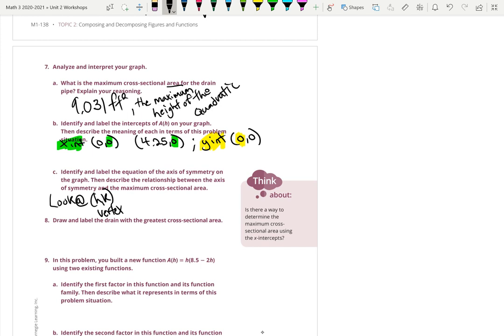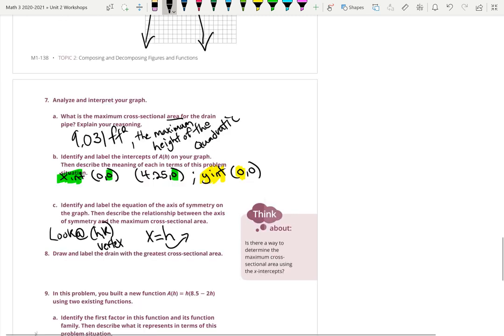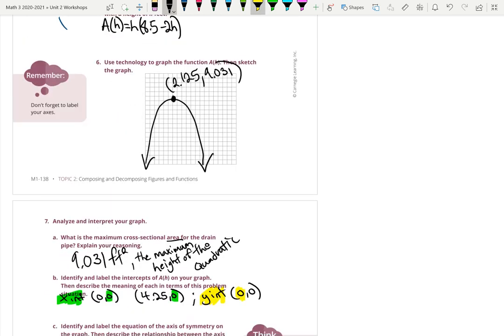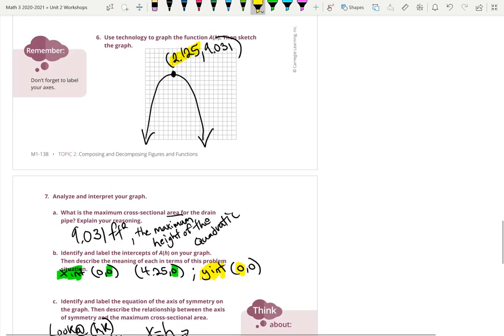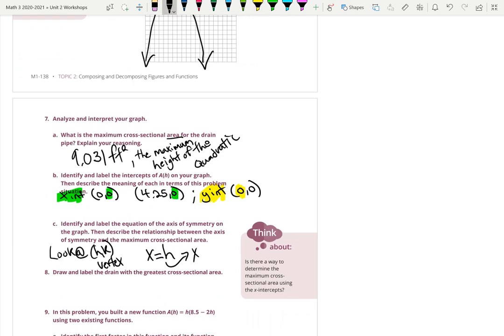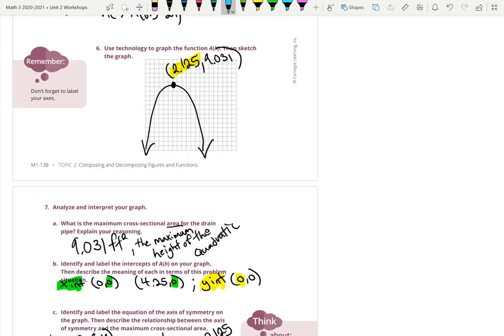And remember, it's always going to be x equals h. So let's look at my graph. The x value is 2.125. And what this means is that it is going to be the line that cuts it in half.